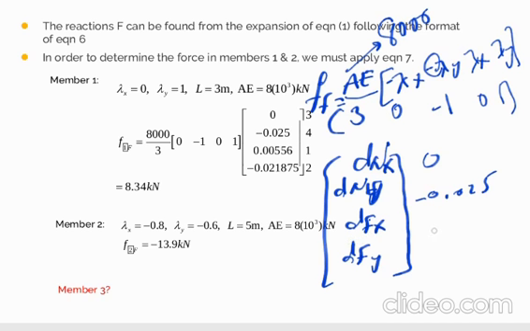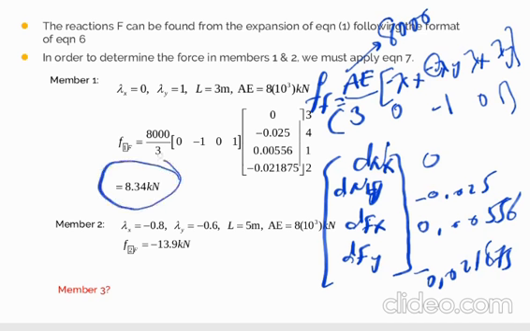Displacement of DFX, the far point, as we calculated from the last slide, is 0.00556, and the last one, this DFY, is minus 0.021875. So multiply, we will find this value, 8.34 kilonewton, and this is tension.